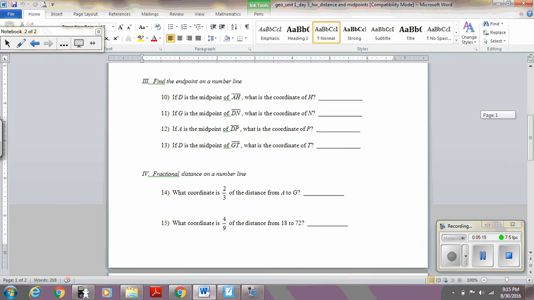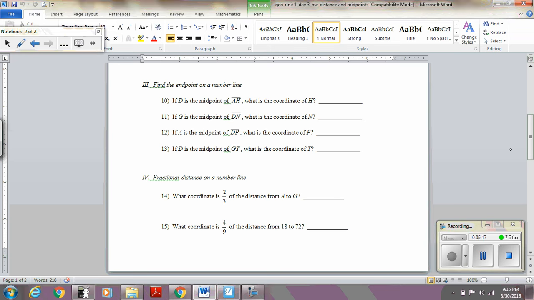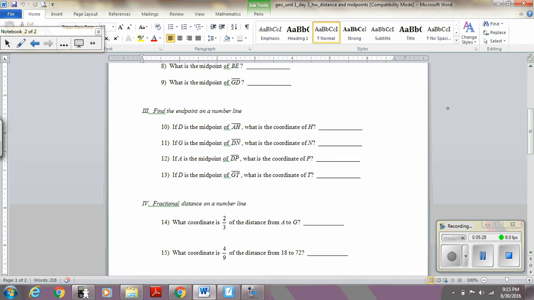In the third section, you're finding the endpoint because you're already given the midpoint. So, for those who need an illustration, I'll do number 11. On number 11, you have segment DN, where G is the midpoint.